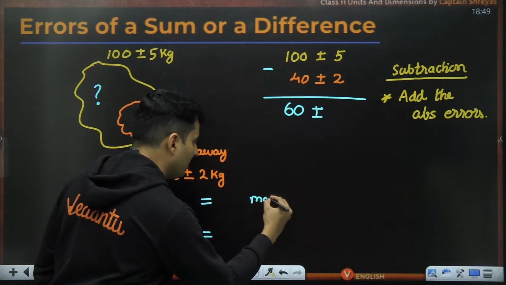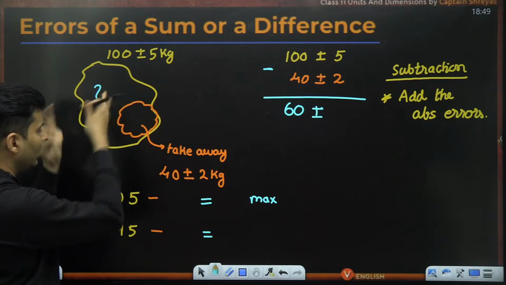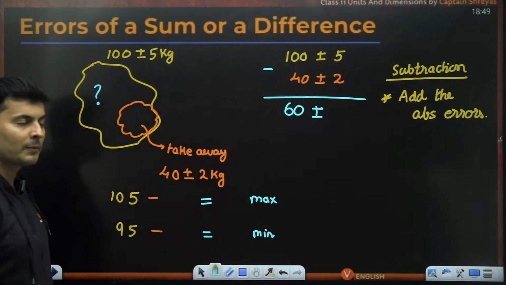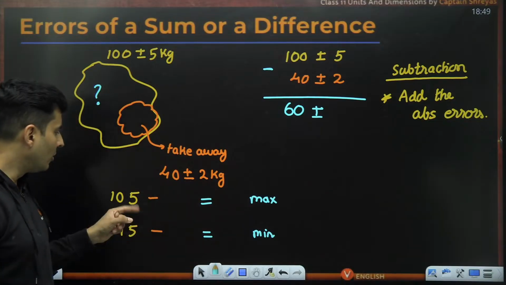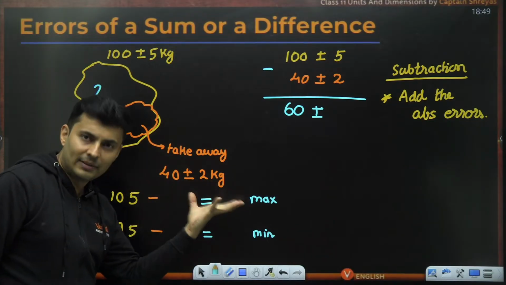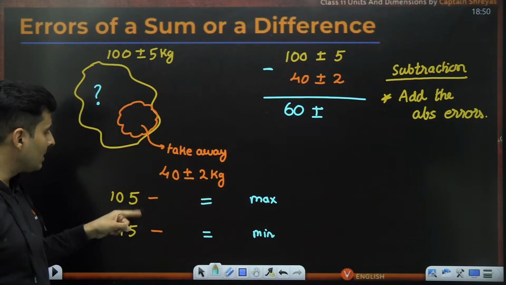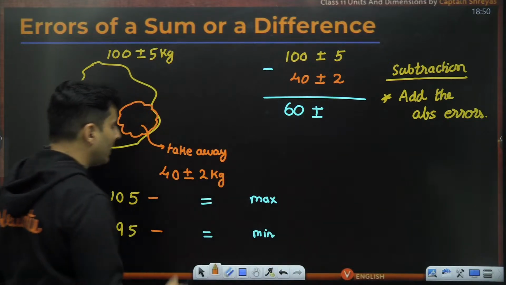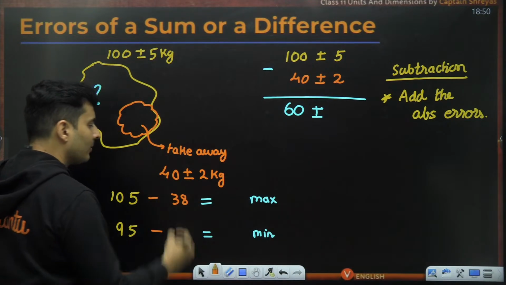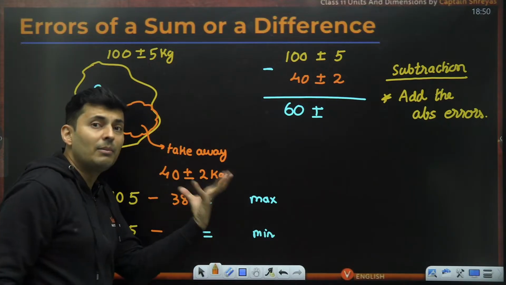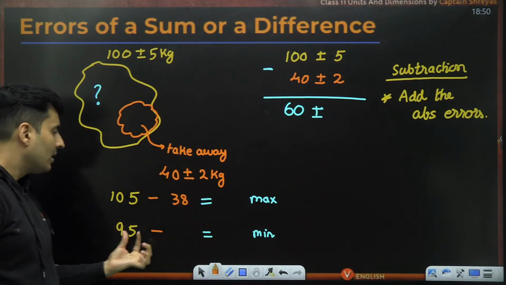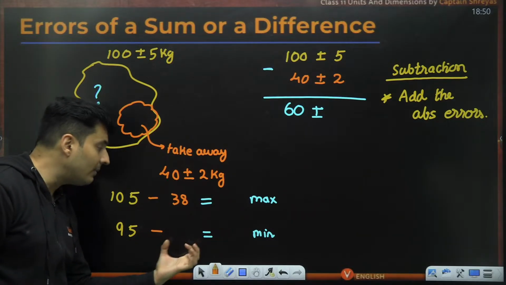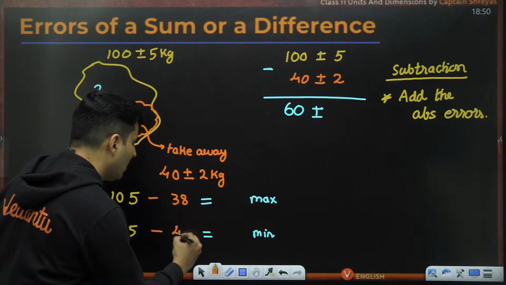If I want a lot of stuff to be left, then from a large number, I will subtract a smaller number. What is the smaller number? 40 minus 2, which is nothing but 38. Then whatever is left is the maximum value. But if I want the least quantity to be left, then from a smaller number, I will take out a bigger number, which is nothing but 42.